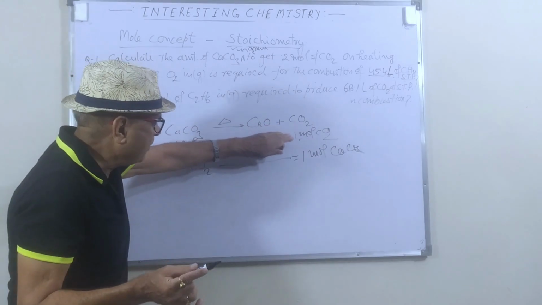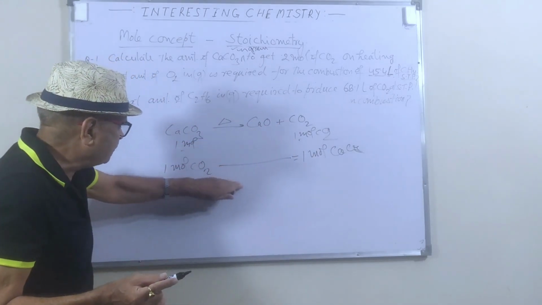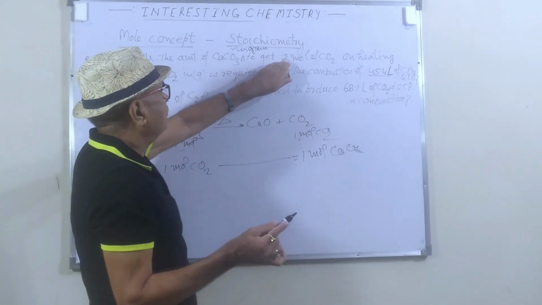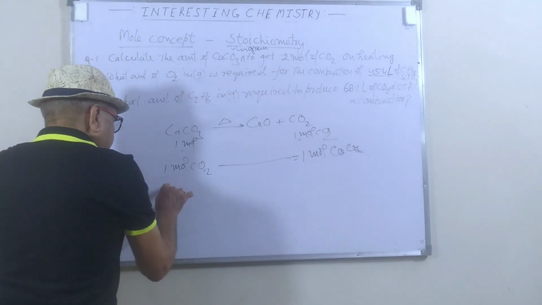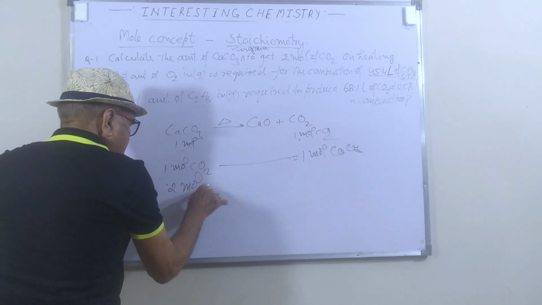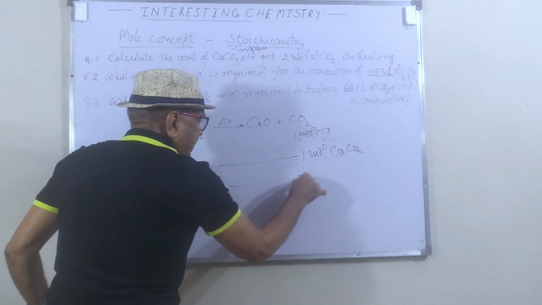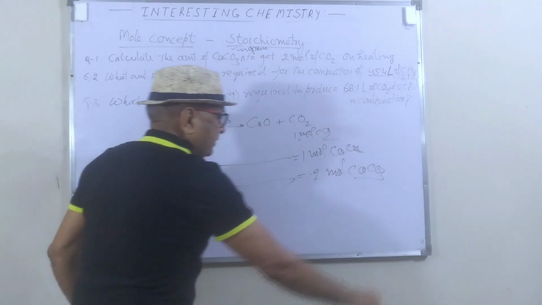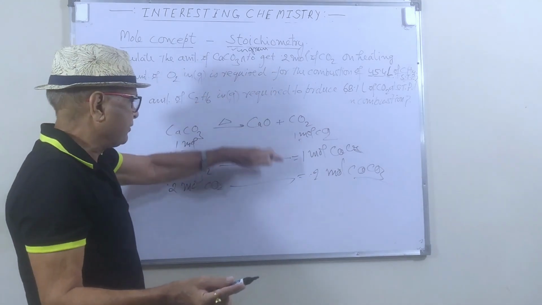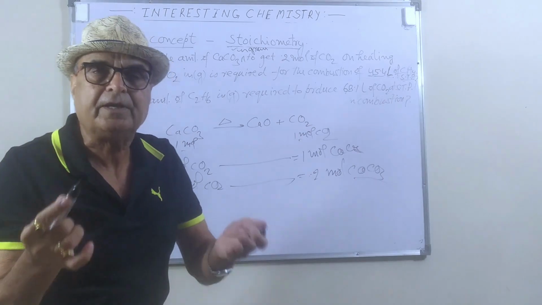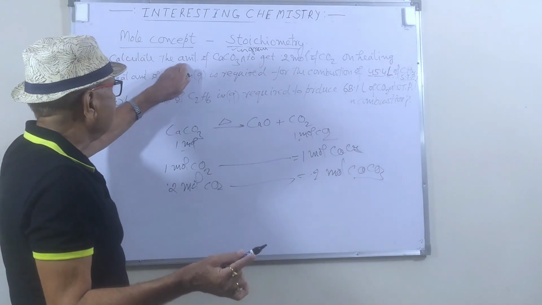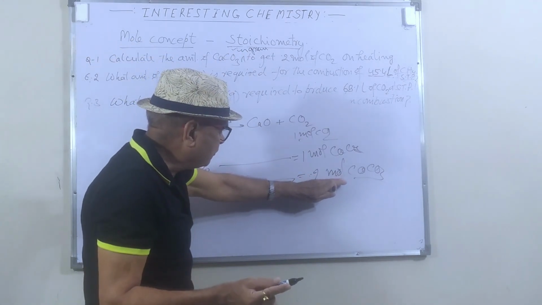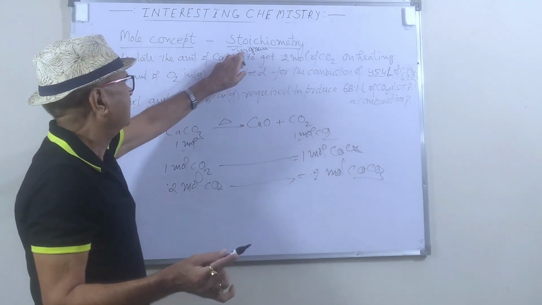From this equation, 1 mole of CO2 is produced by 1 mole of CaCO3, so 0.2 mole of CO2 will be produced by 0.2 mole of CaCO3, a very simple case. So the answer would be 0.2 mole if you had to answer in the unit of mole. But you have to answer for calcium carbonate in gram, so now you have to convert this mole into gram.